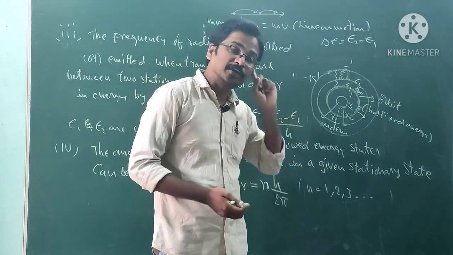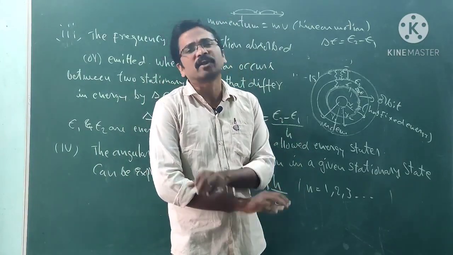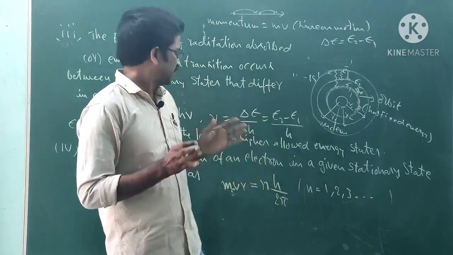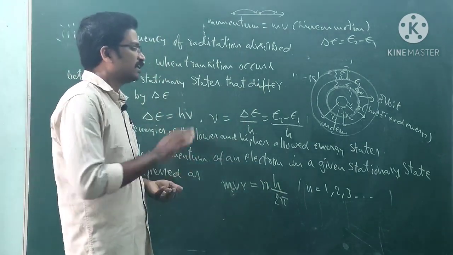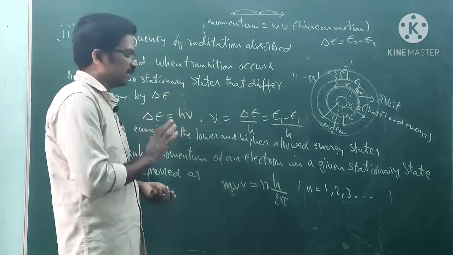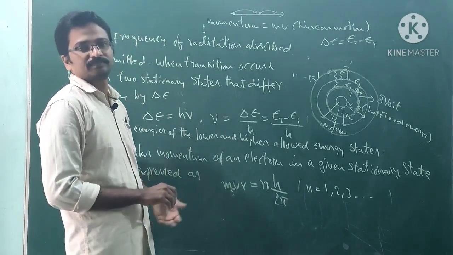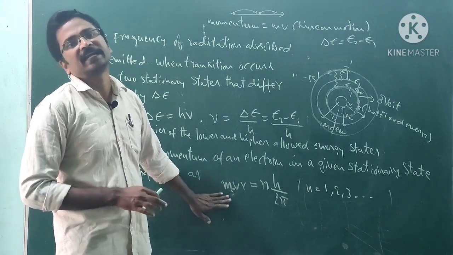You cannot bother about this. You simply read that the angular momentum of an electron in a given stationary state can be expressed as mvr is equal to nh by 2 pi. That's enough; the statement is enough for intermediate.